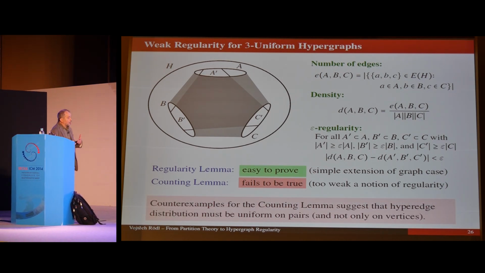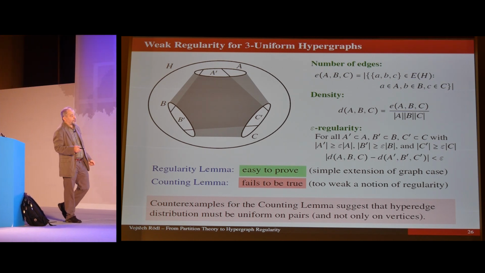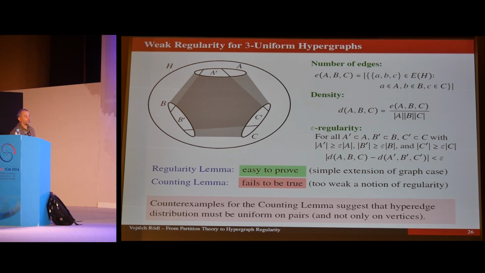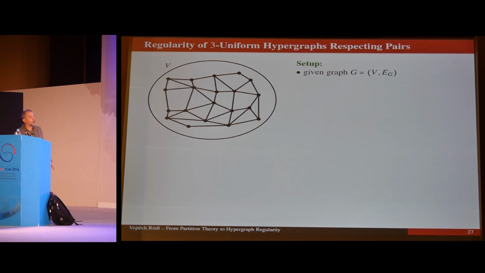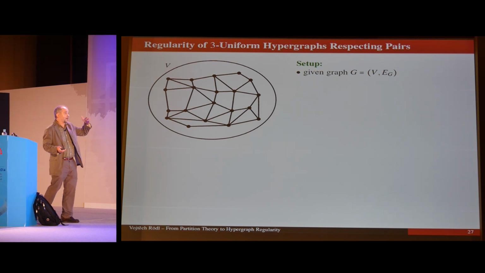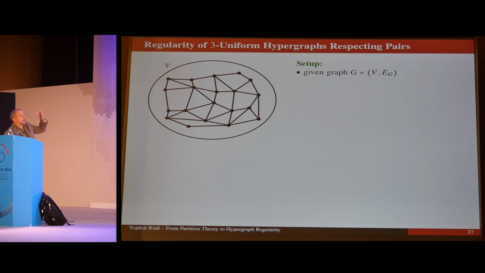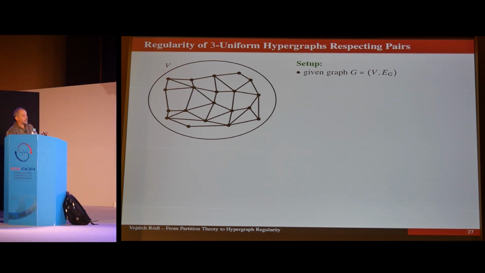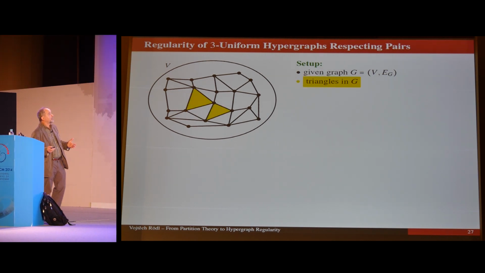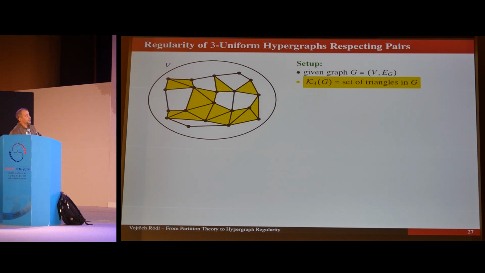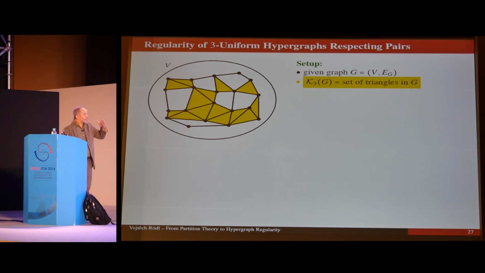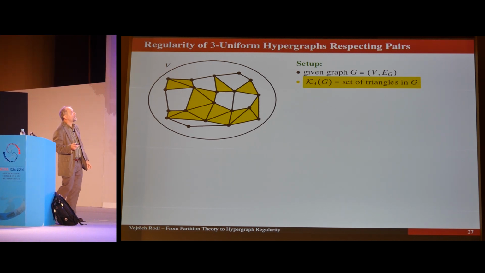So what is it? Counterexamples for counting lemmas suggest that the hyperedge distribution must be uniform over pairs, not only on vertices. So we will define the density of a 3-uniform hypergraph with respect to a graph. If I have a graph, I can look at its triangles. Here is one, here is another, here are all of them. We drew a planar graph because it's simpler to draw. The real thing is that we have some complicated graph with many triangles.